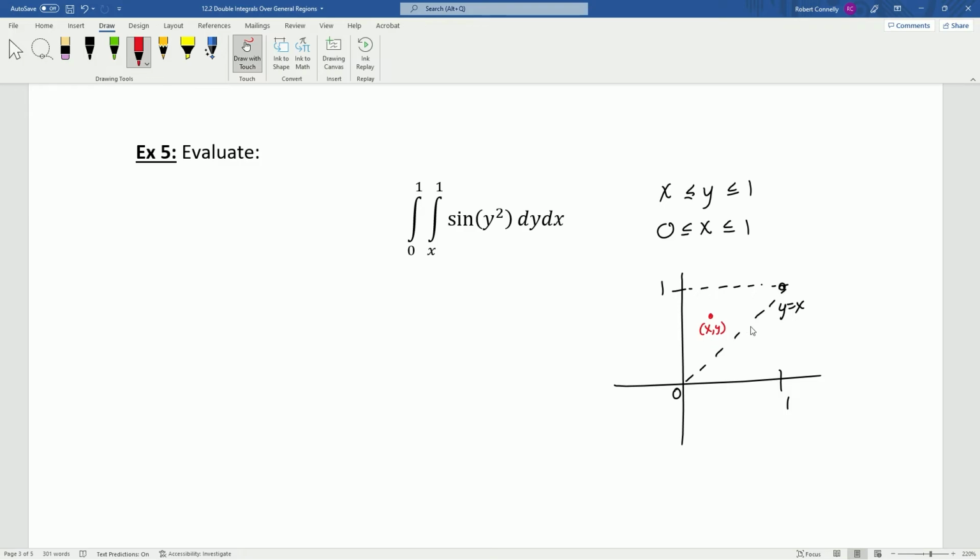So I could re-describe this region by saying that x is between 0 and y, and y is between 0 and 1. So let's see what that does to the integral here.